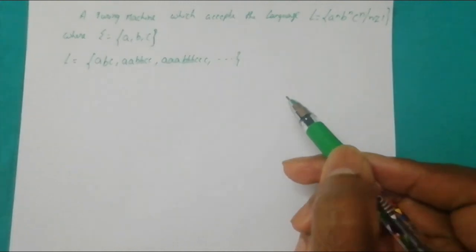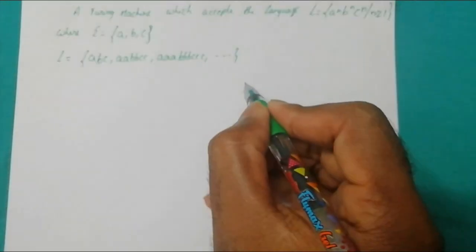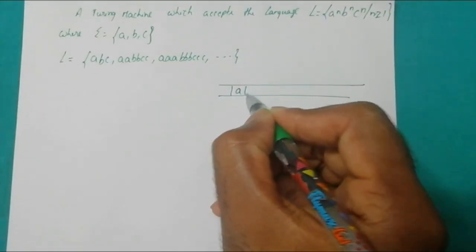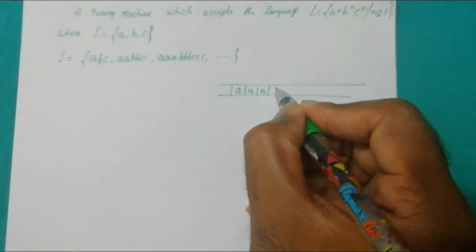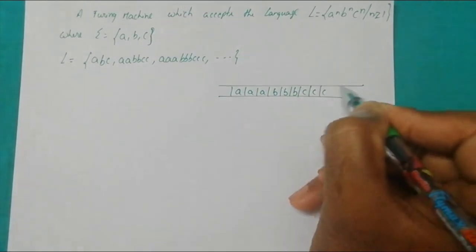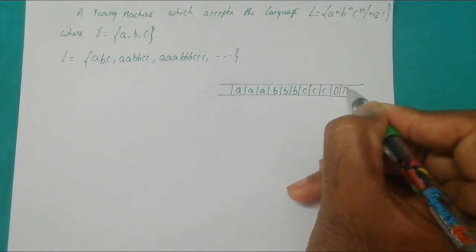Now we have to design a Turing machine which is going to accept these types of strings. For example, consider a string with 3 a's, 3 b's and 3 c's. These are blank symbols.